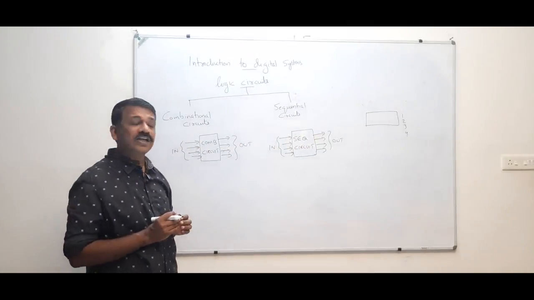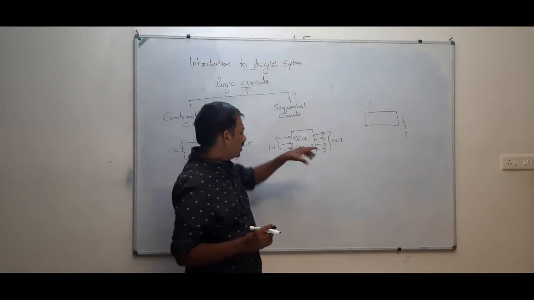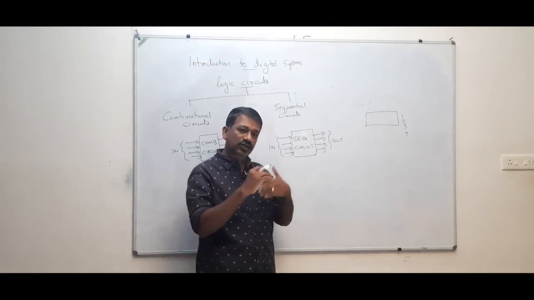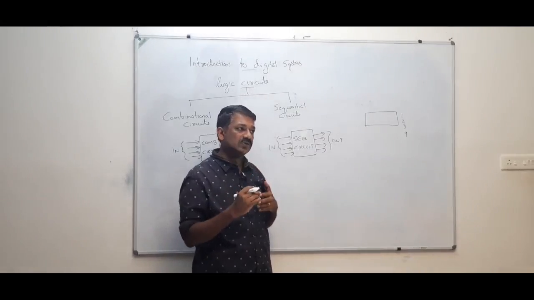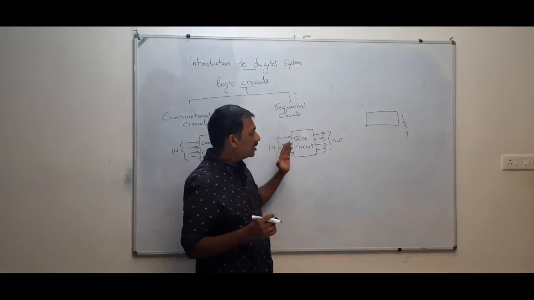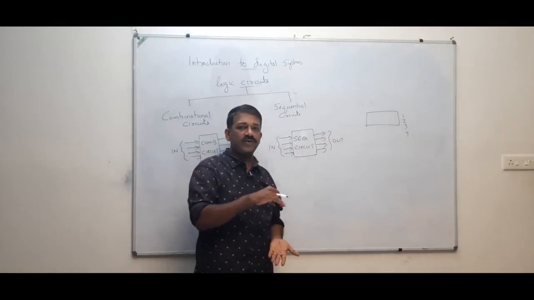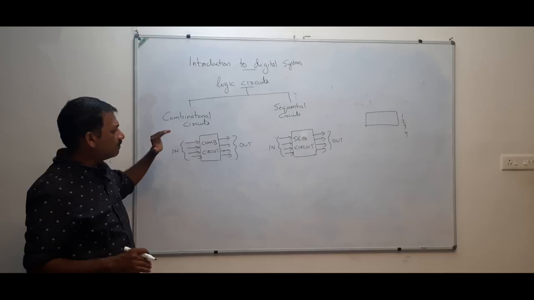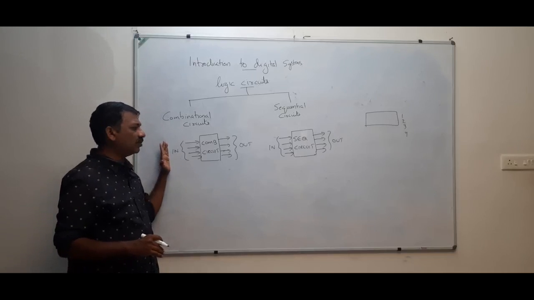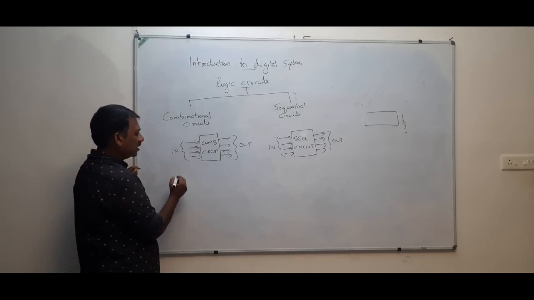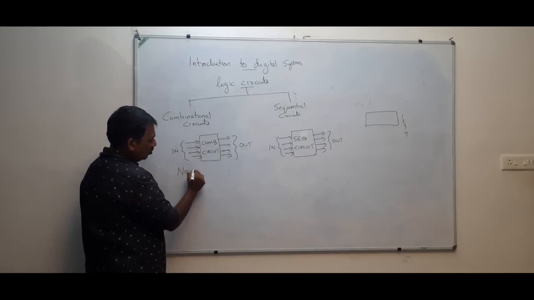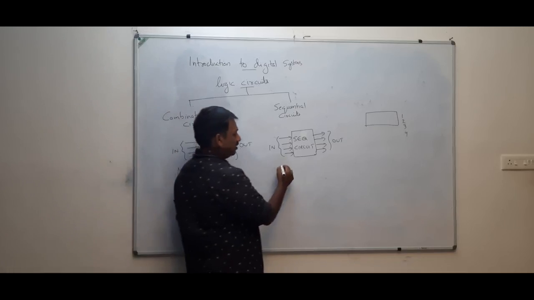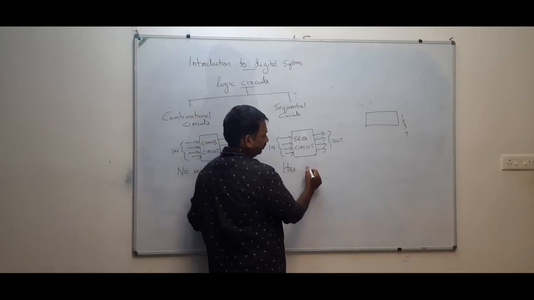So in that case, the circuit is actually incrementing the previous value, and that output depends on the previous value also. But in the case of a combinational circuit, it depends only on the current value of the input. It doesn't have any memory. In the case of a combinational circuit, no memory, and here it has memory.